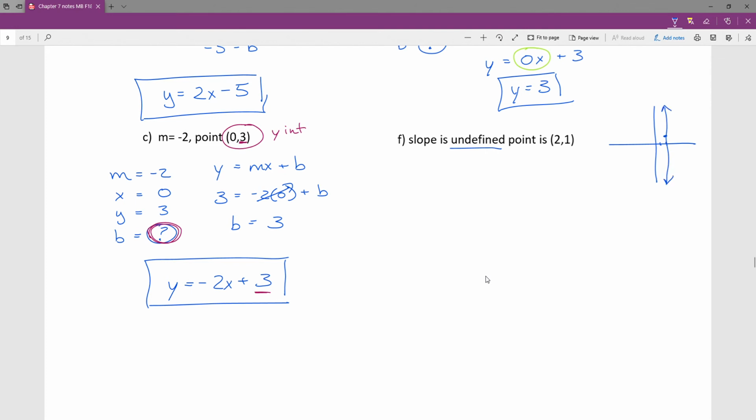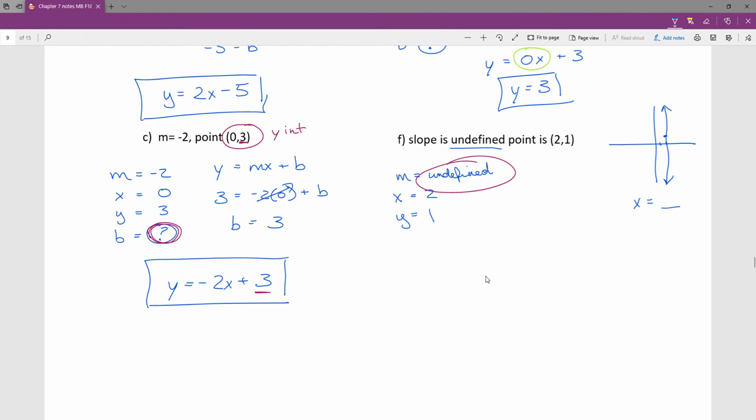If I go about brainstorming everything that I've got so far, this whole fact that m is undefined, I can't sub that in. And so I'm stuck in the world of understanding this conceptually. When I went through this one, conceptually, I would say that x equals something for a vertical line.